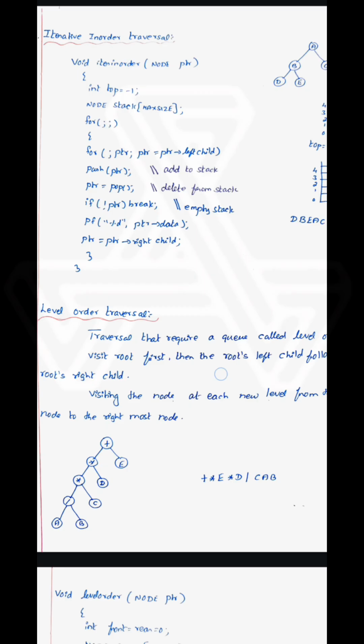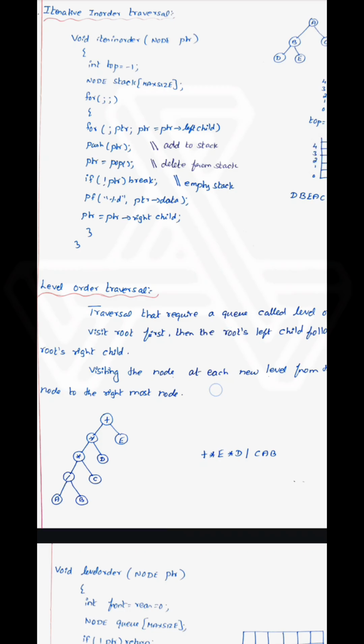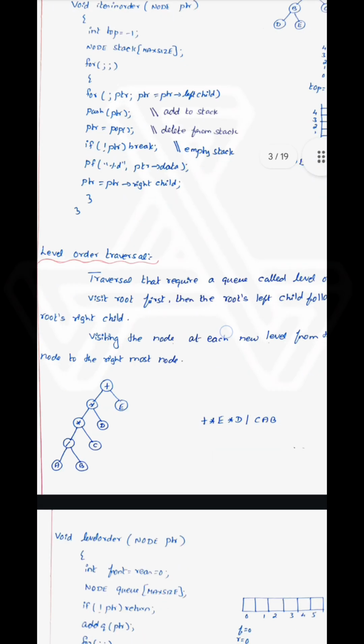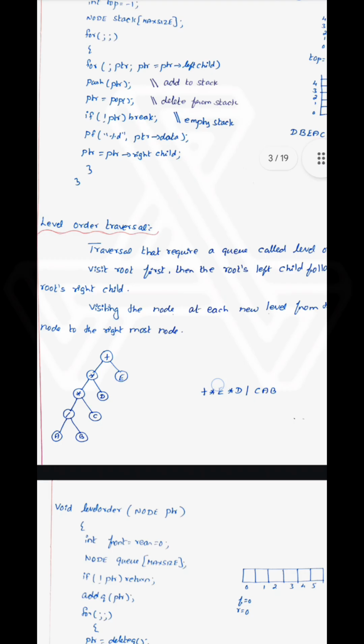Ptr equals pop, then it gets deleted from the stack. If not ptr, break. Then printf ptr data, ptr equals ptr right child.